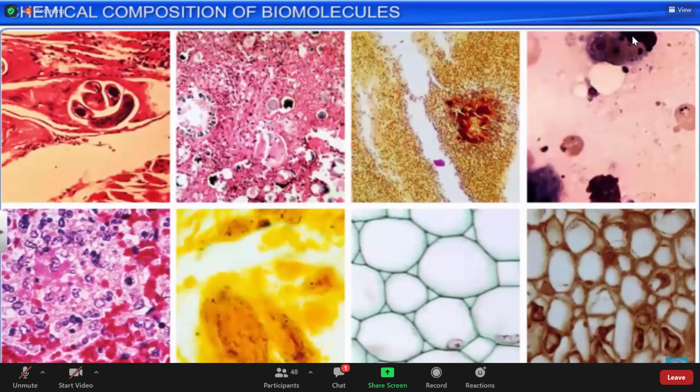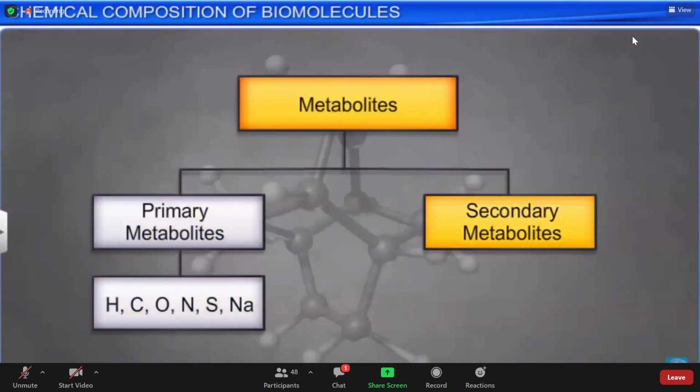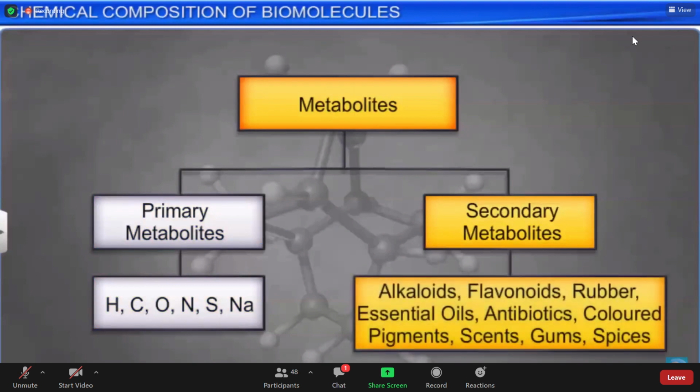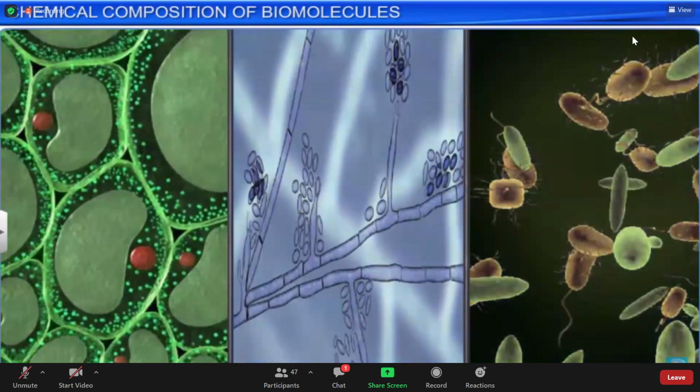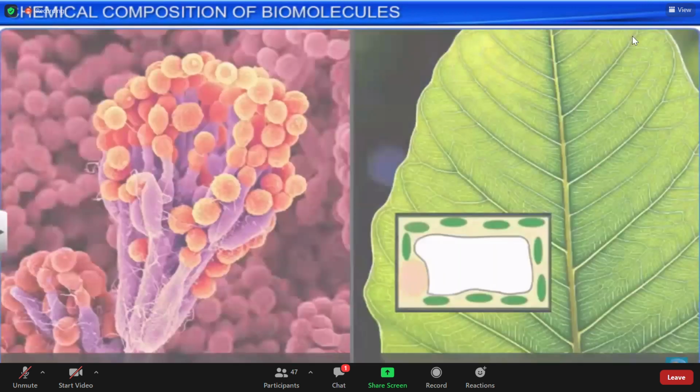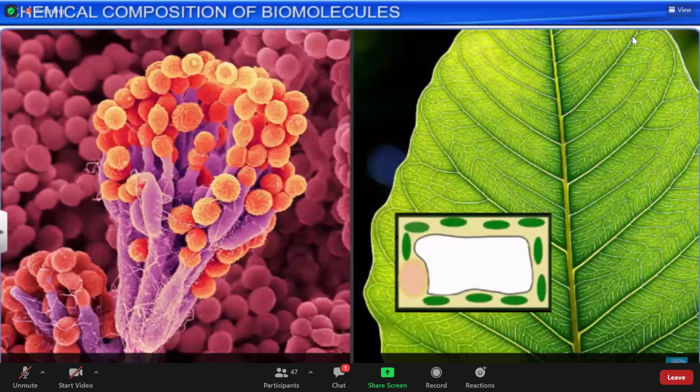They are found in animal tissues. On the other hand, compounds such as alkaloids, flavonoids, rubber, essential oils, antibiotics, colored pigments, scents, gums, and spices come under secondary metabolites. They are found in plant, fungal, and microbial cells and perform an important ecological function. Some of them play a helpful role as antibiotics and pigments.